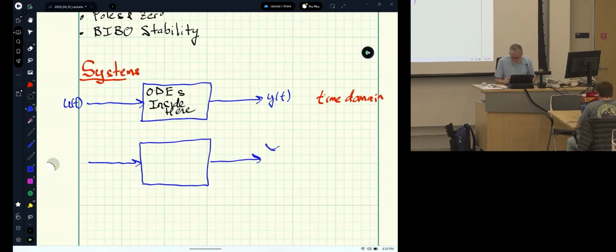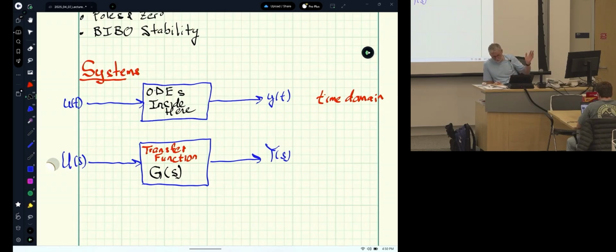Then there's also a Laplace domain, or also called frequency domain version, and that's where we really want to work now. And this is a transfer function that we'll define shortly. That's the word transfer. And we'll denote a generic one by G of s.